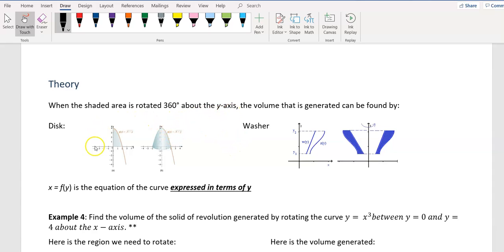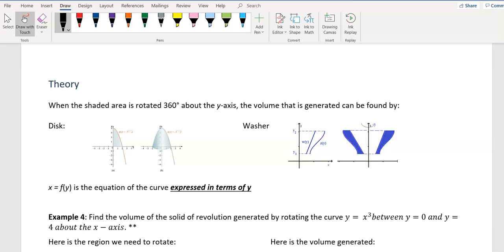And to me, when this happens, it looks like the image is standing upright. So in this disk example here, to me it looks almost like a thimble is placed on a table and it's standing upright. And in this washer example, to me it looks like a vase is standing upright, maybe on a table. So that's how I sometimes visually organize things in my mind to help me better understand what the end result of this volume shape is going to look like.